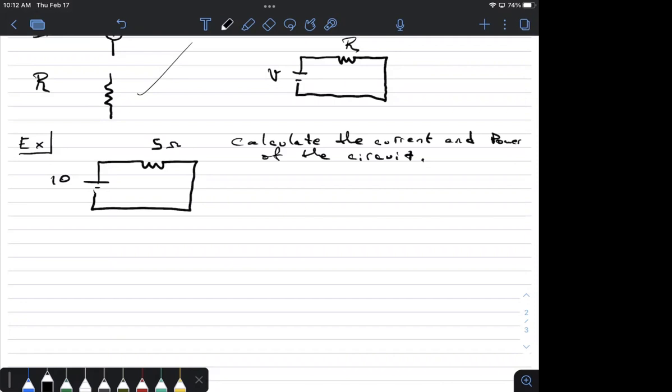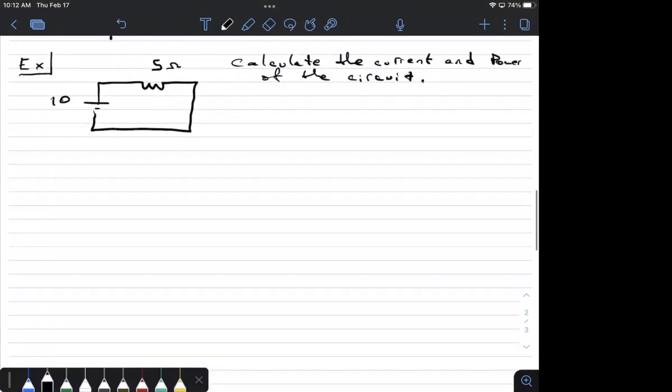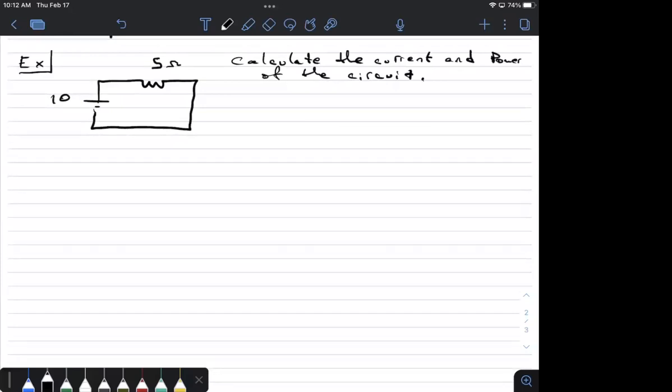Well, how do I do this? Obviously, in order to answer a question like this, we need to have some equations. We need to know a relationship. I know that the size of a voltage will give rise to certain currents, and the bigger the voltage, the bigger the current, generally speaking.